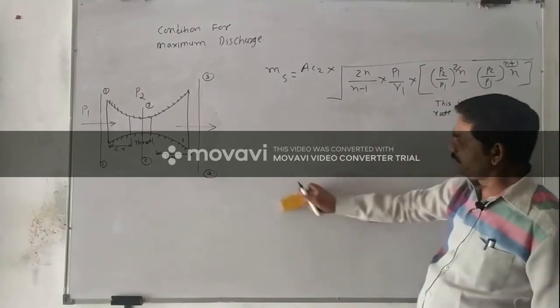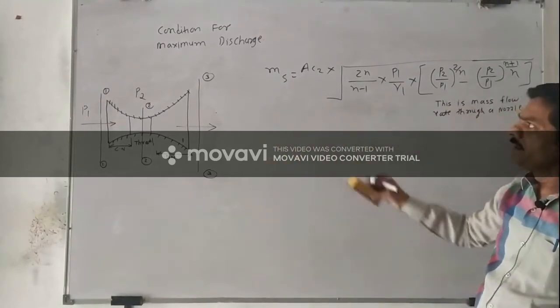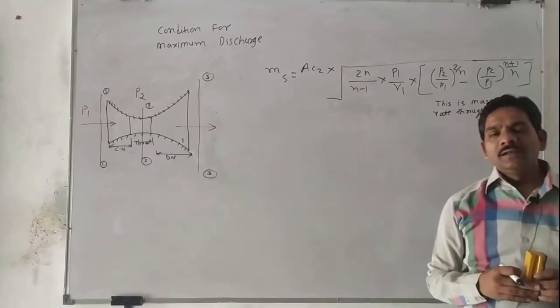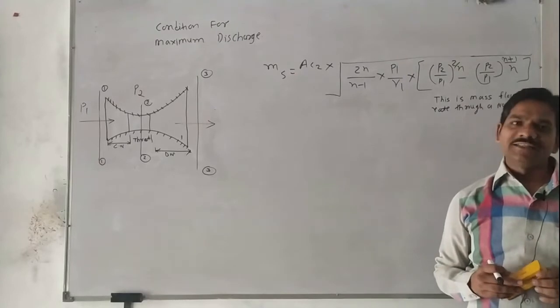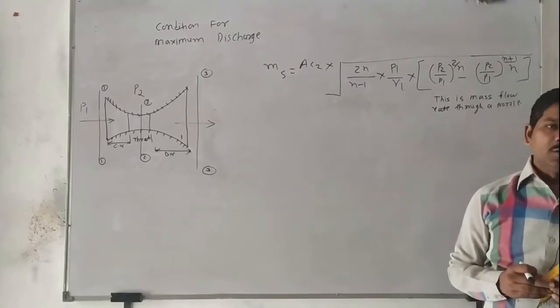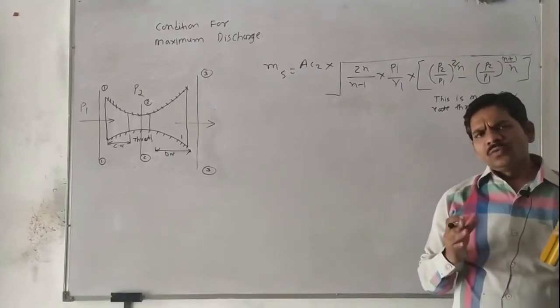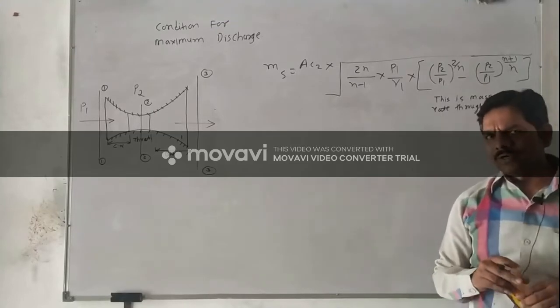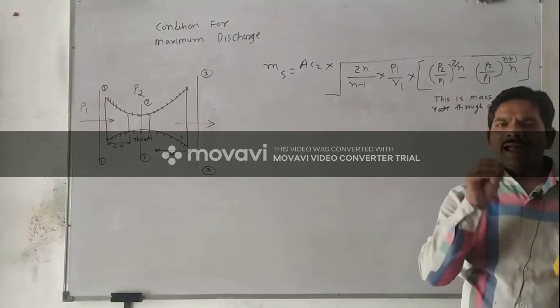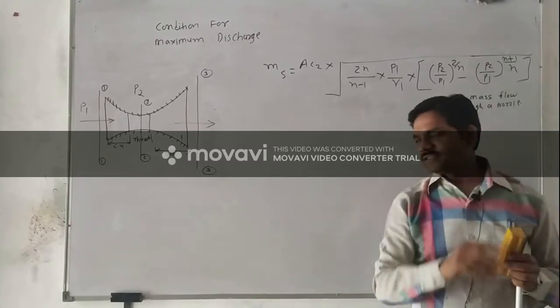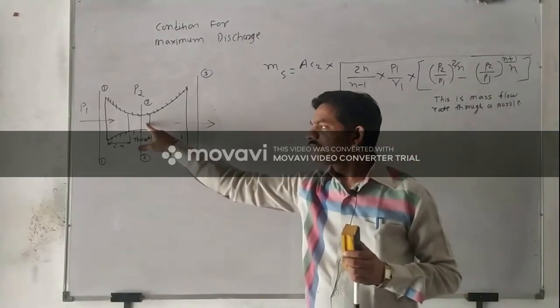So what is the condition required through the nozzle? At that time we get the maximum mass flow rate of steam through the nozzle. Where do we get the maximum mass flow rate? The maximum mass flow rate is obtained at the throat section.